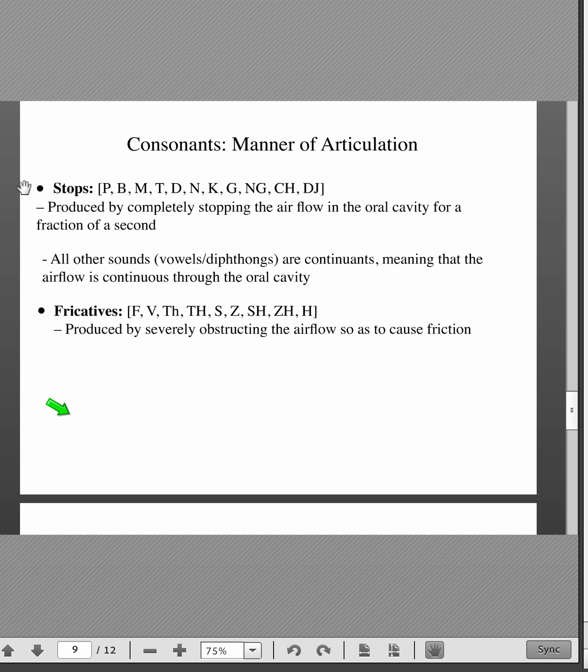Stop sounds are also broken down. The opposite of P is B. So we have P, B. Then we have voice nasal consonant. Then we have T, D. Voiceless, voiced.